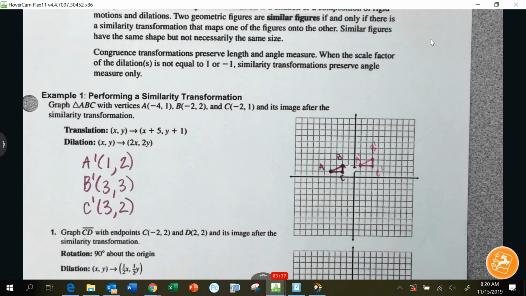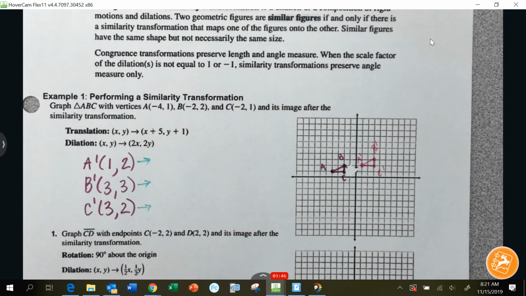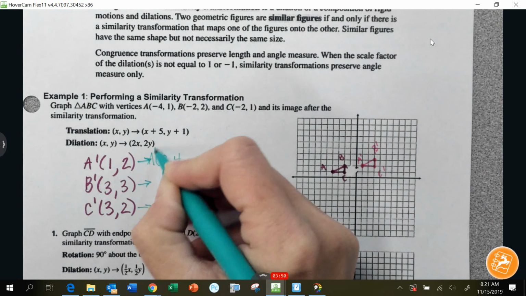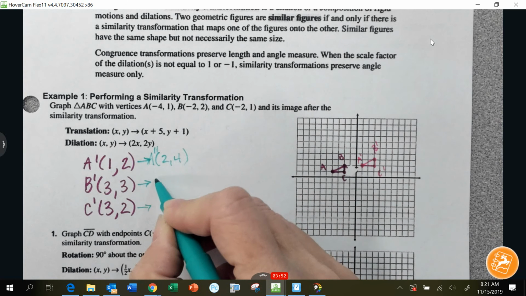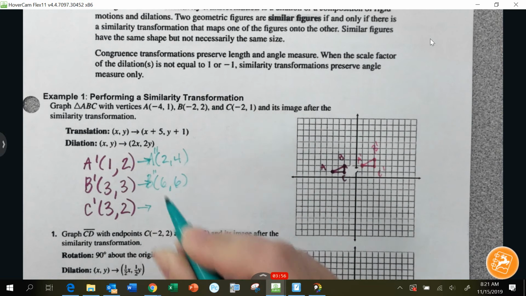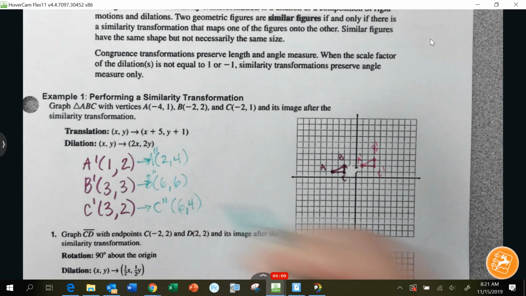And then after that, dilation. So we're going to multiply everything by 2. So I have 2, 4. This is A double prime. 6, 6, B double prime. And C double prime is 6, 4.